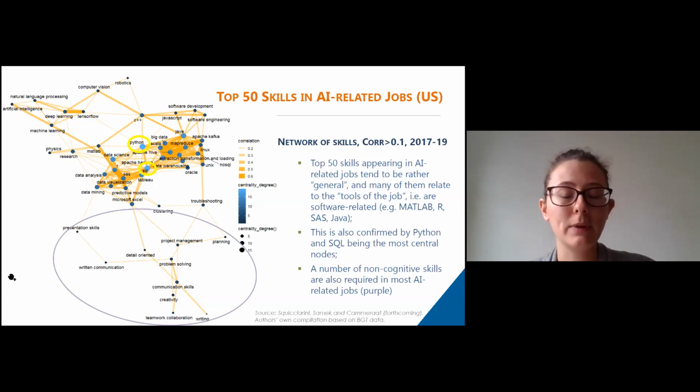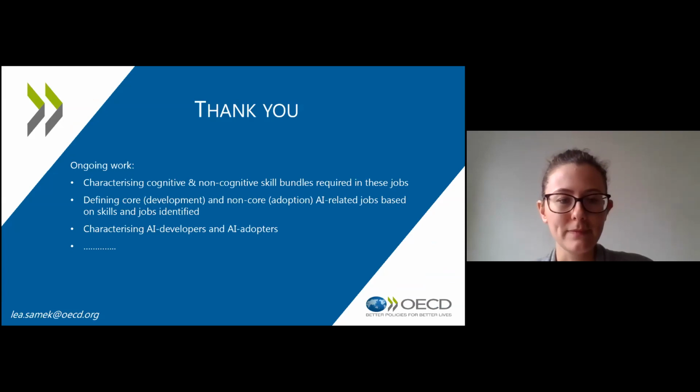At the same time, in the purple circle, you see a lot of the non-cognitive skills that seem to be in high demand, which I guess is not really surprising, and they are complementary to these more core AI related skills. And examples here are communication skills, problem solving, teamwork, and so on. So now the final slide, please.